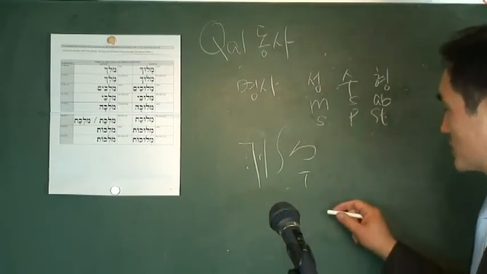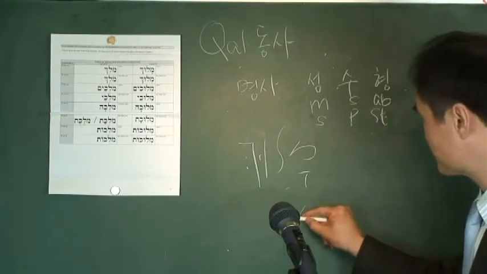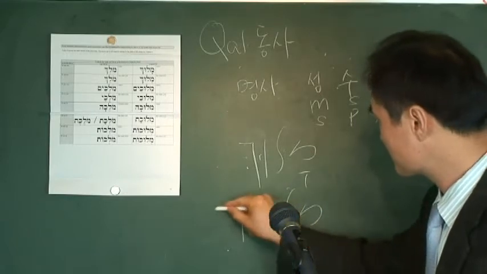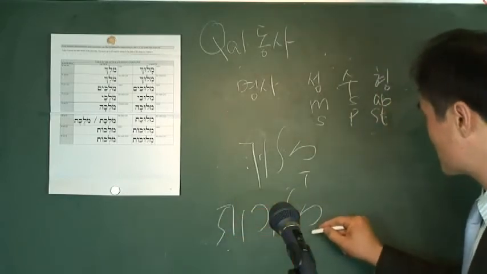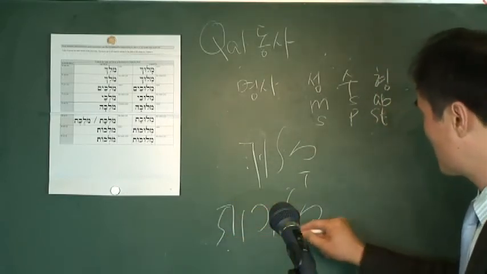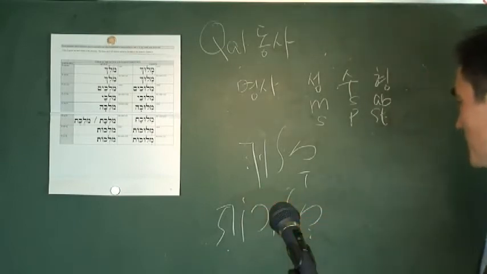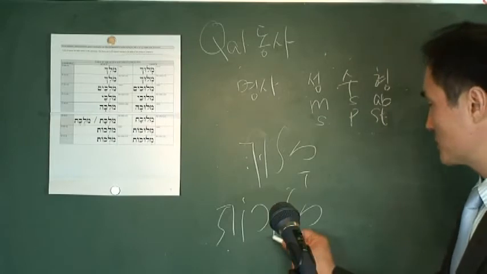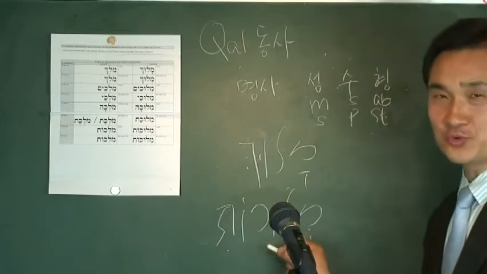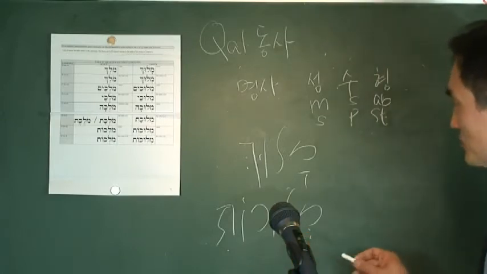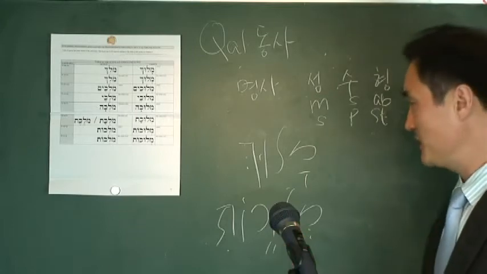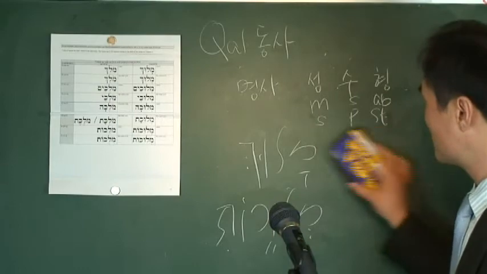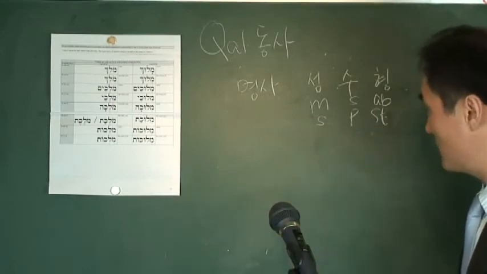The ending ot is added to the feminine plural form. Hence, it would be molukot. The feminine plural construct would be the same as the feminine plural absolute.